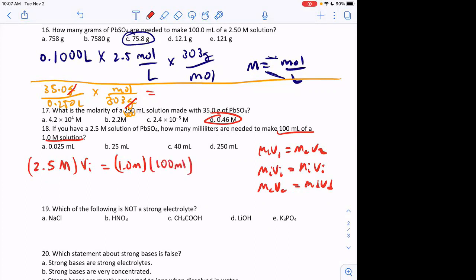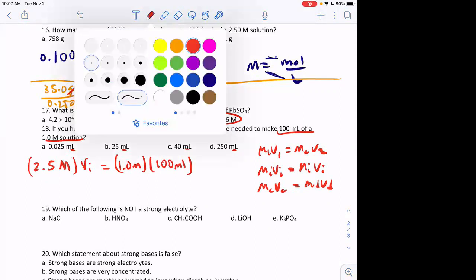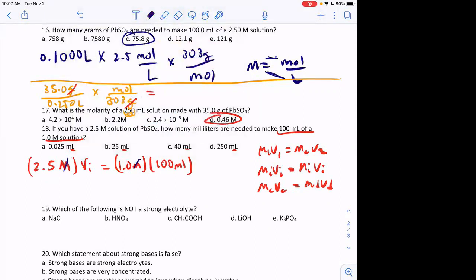Answers are all in milliliters, so I'm not going to bother converting to liters. You don't have to worry about the fact that molarity is moles per liter, because the molarities will cancel out when you bring it over, right? These will ultimately cancel out when you bring this molarity over here and divide. So you don't care that that's in milliliters. And which one do we get? C for 40 mils.